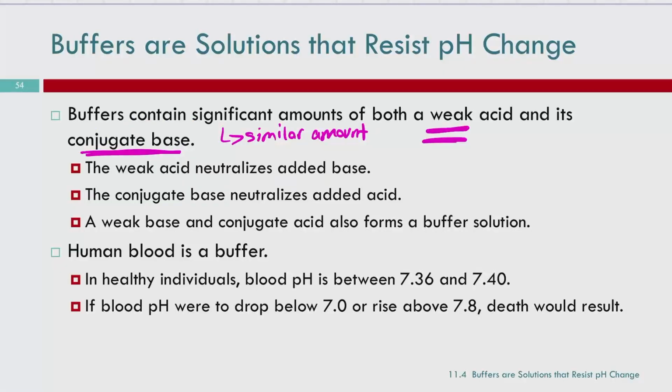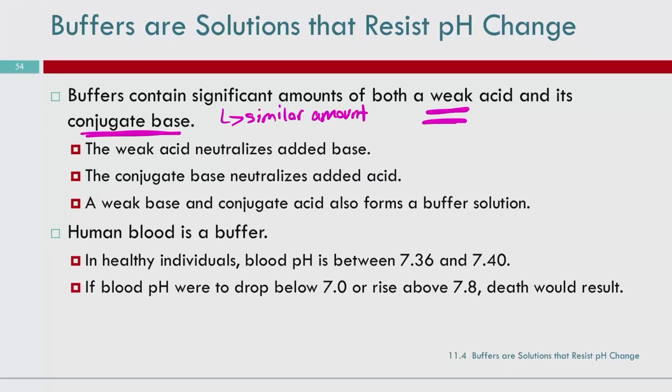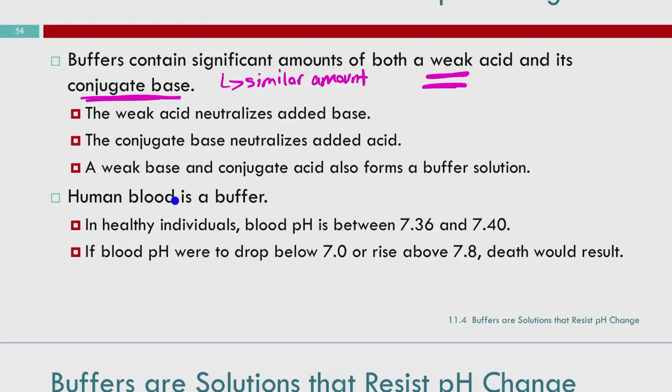The conjugate base is a base. It can act as a base to neutralize acid. The weak acid is an acid. It can act like an acid and neutralize base. So when you've got a buffer solution that's got weak acid or weak base and its conjugate, it will neutralize both added base as well as added acid. Our blood has a buffer in it, which is great because our blood pH needs to be in a range that's relatively narrow.